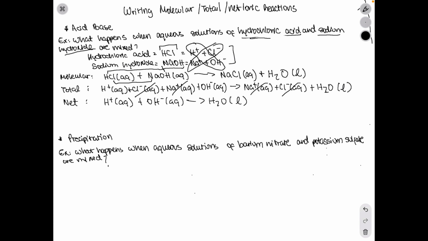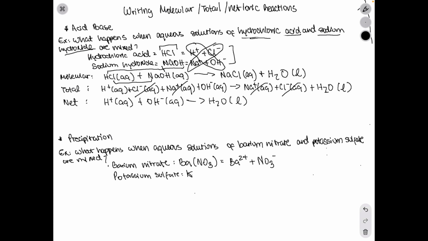First, we're going to write barium nitrate. That's barium, Ba 2 plus, and nitrate is NO3 minus. Barium nitrate. Then potassium sulfate.